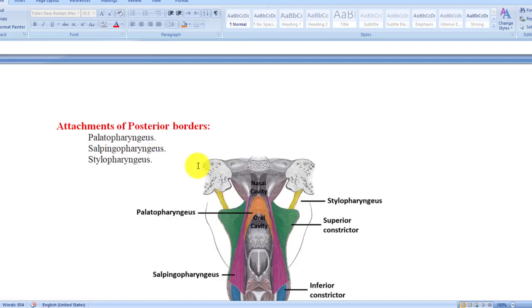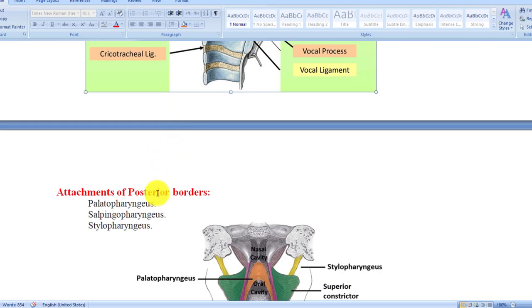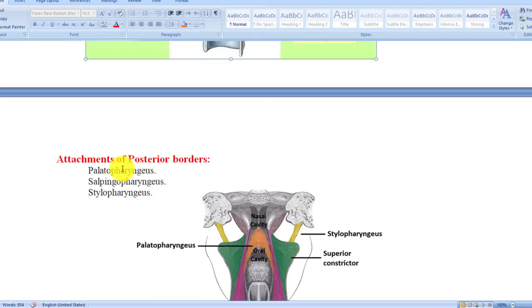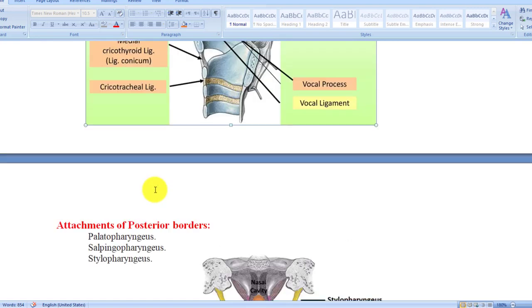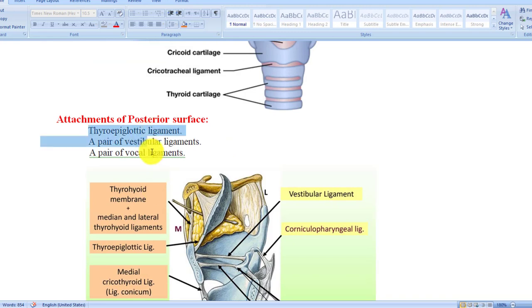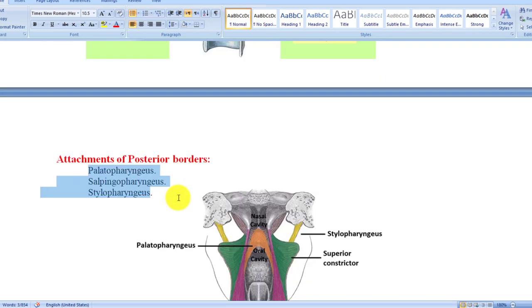Now next, what are the attachments of the posterior surface? So attachments in the posterior surface of the thyroid cartilage are the palatopharyngeus, right, salpingopharyngeus and stylopharyngeus. So my dear friends, listen carefully. These are the ligaments, right, and these are the muscles which are attached to the posterior border of the thyroid cartilage.